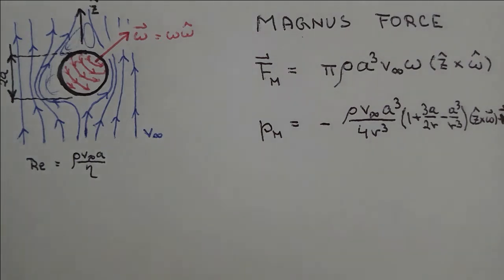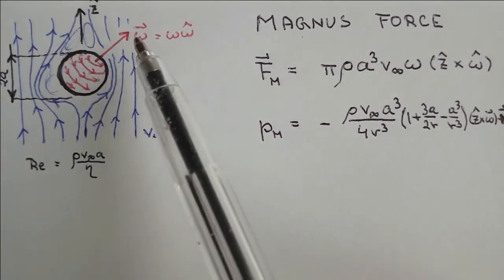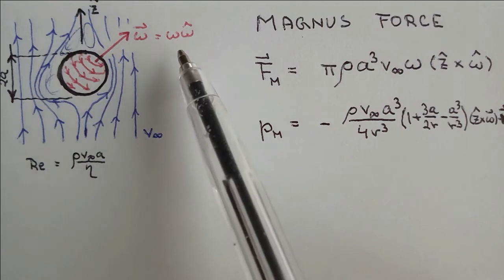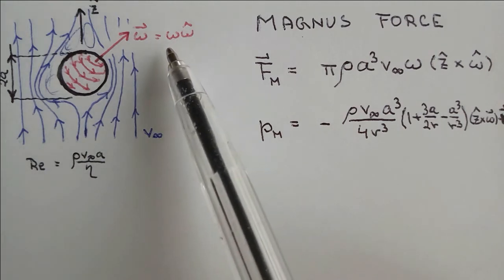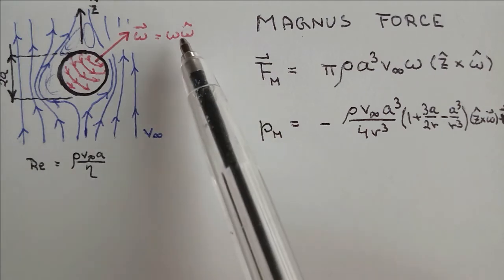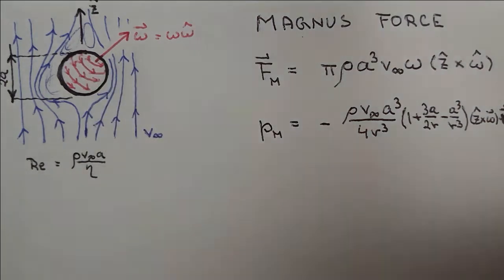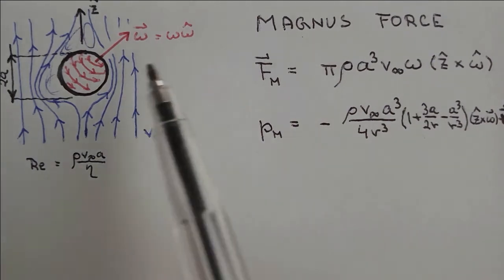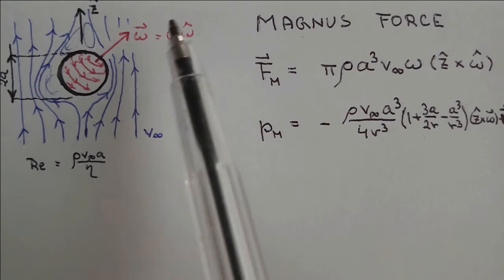When there is a rotation, I will call it omega, and with the vector omega, its magnitude will be omega, and the normal vector omega hat. I will use omega hat only in this case. In every other case I will use the omega vector, this whole omega.